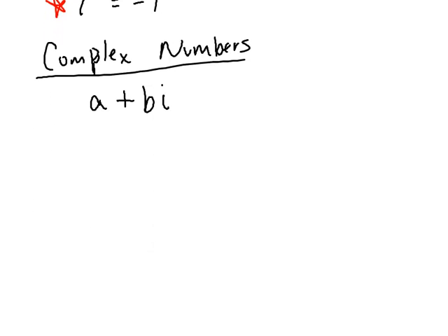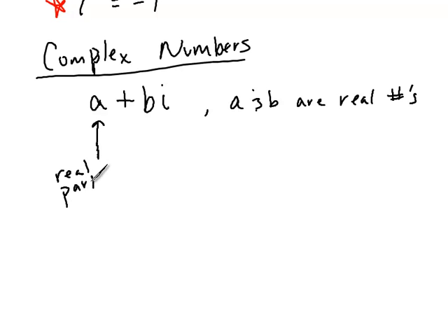First I should tell you that a and b are real numbers. i is the square root of negative 1. This a is called the real part, and this bi is called the imaginary part. Okay, the real part and the imaginary part.